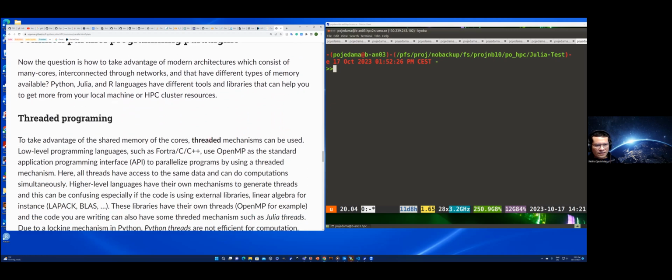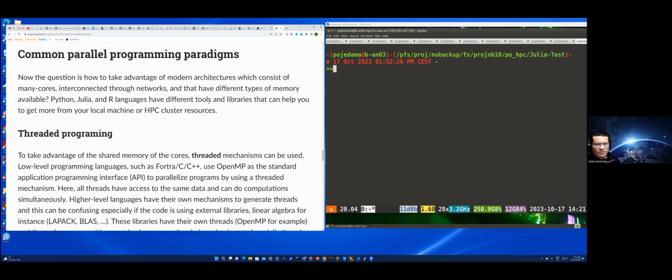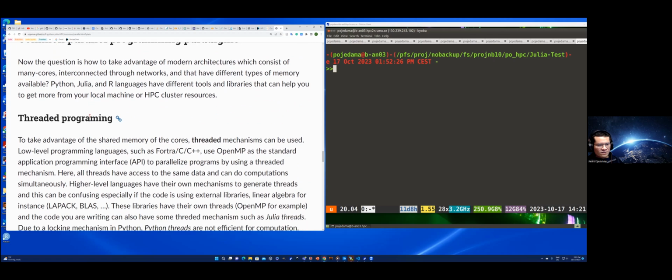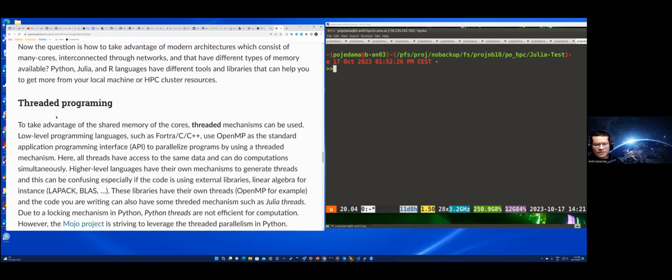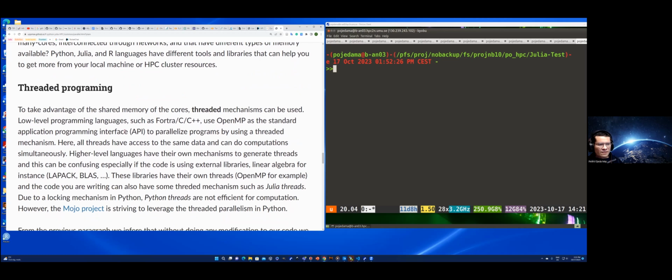So here there are some common parallel programming paradigms. First, let me review threaded programming. Threaded programming, or shared memory programming, takes advantage of the shared memory of the cores that I showed before. Here threaded mechanisms can be used.